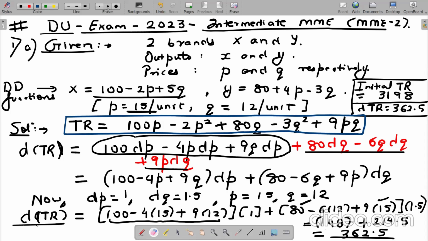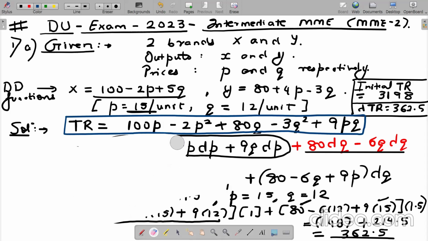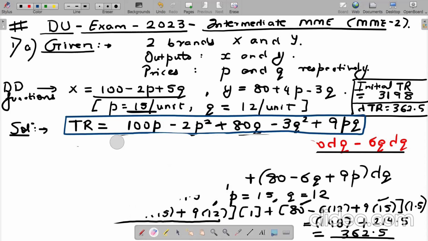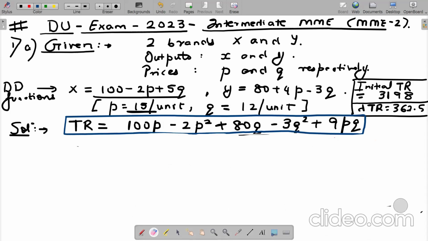If I erase this particular part off, I can write that the new total revenue. For the new total revenue, my new P is equal to the old P, 15, plus DP. What's the change in price? DP is equal to 1.